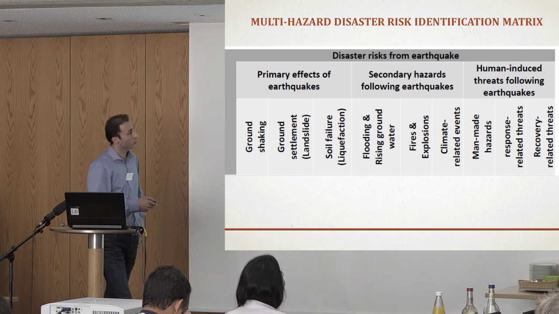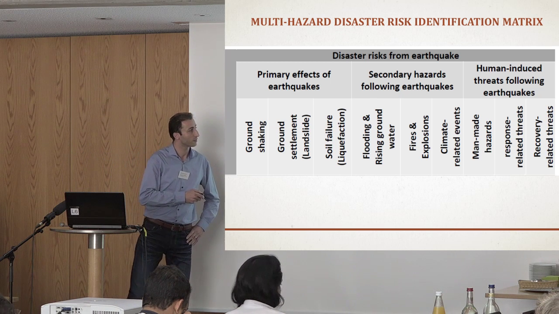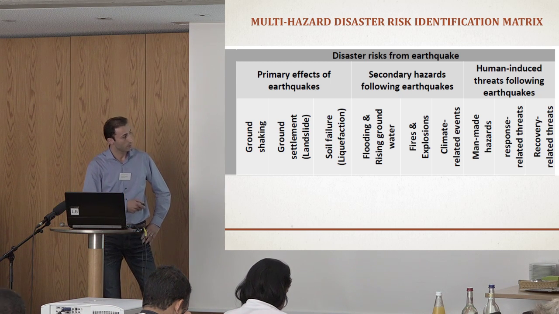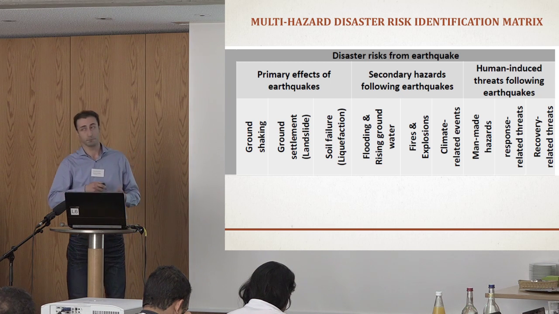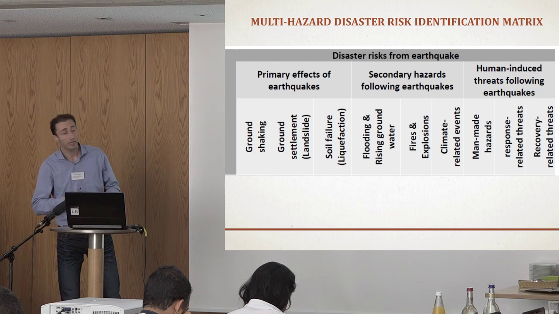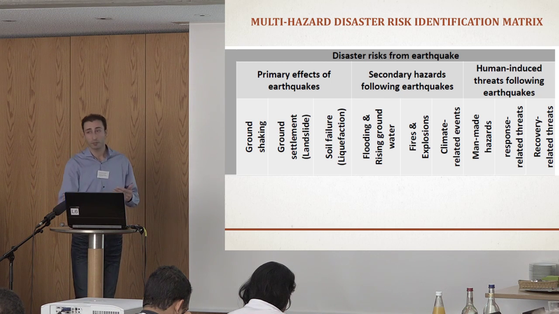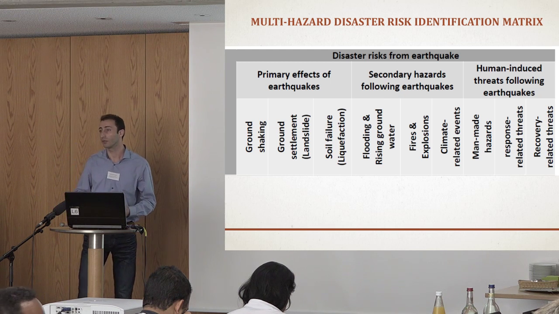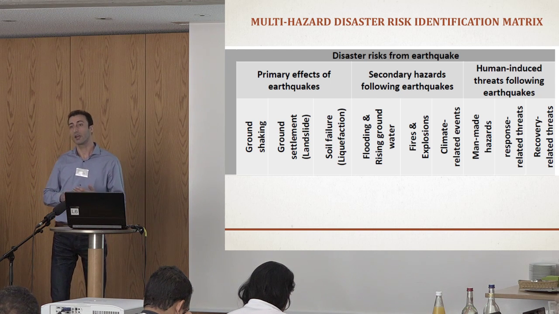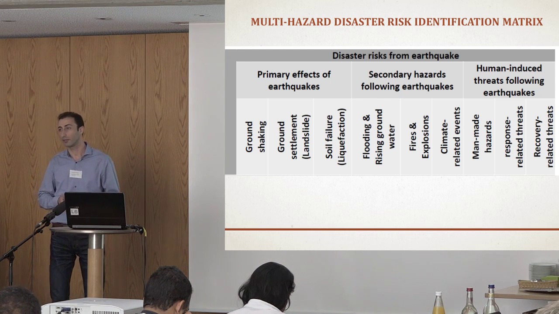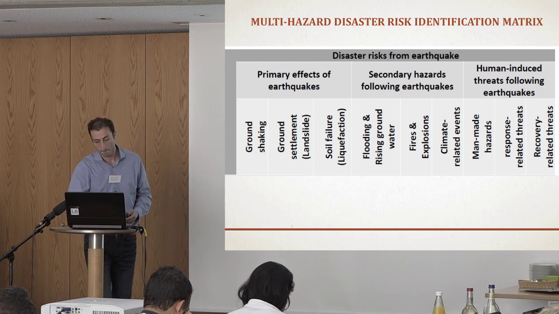Also, we should look at human-induced threats following the earthquake, like all the different man-made hazards and threats during the emergency response, and also during the reconstruction, rehabilitation and restoration projects.